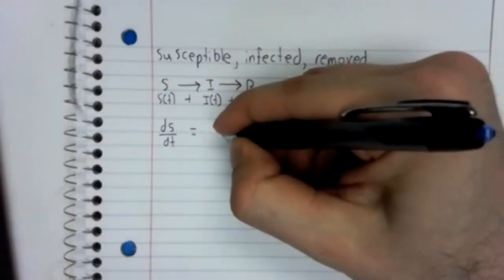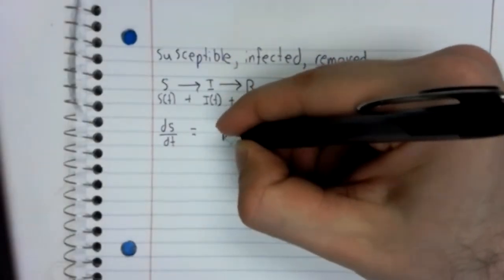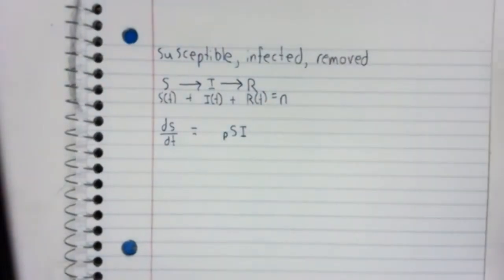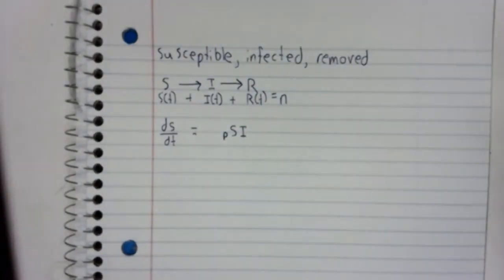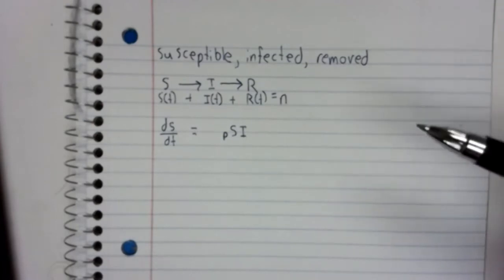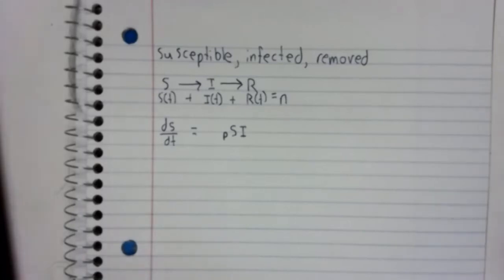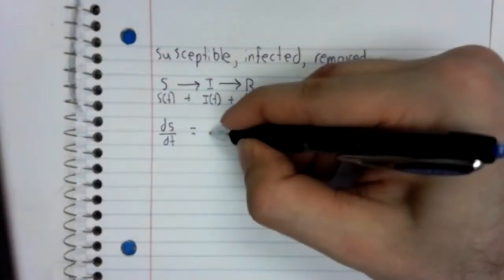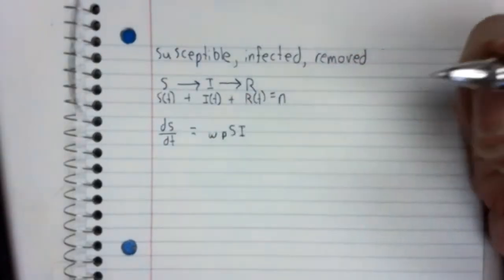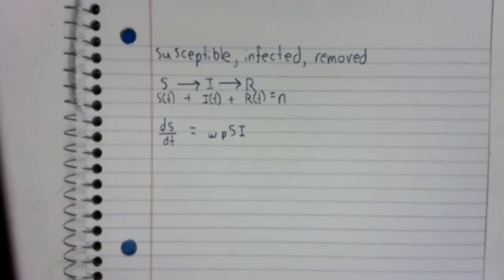We'll multiply this by P, which will be the probability that a randomly selected susceptible and infected person do interact over the time interval. And then we'll multiply that by W, the probability that such an interaction results in infection.